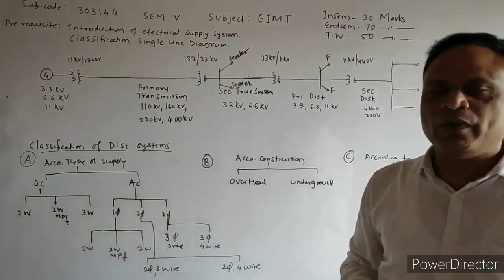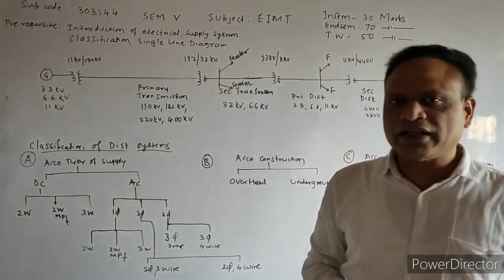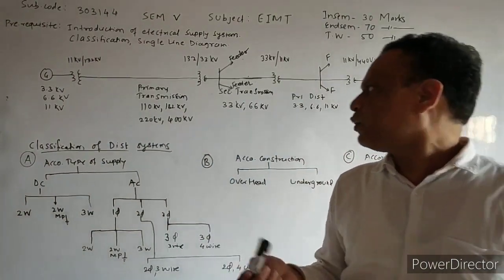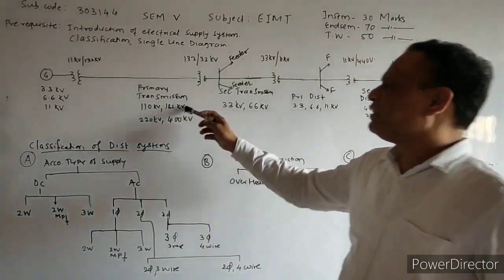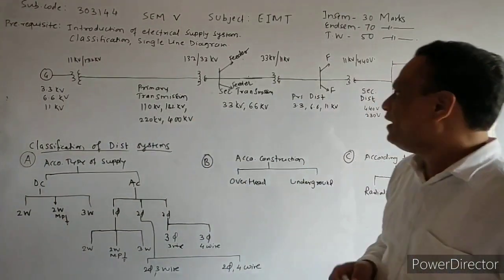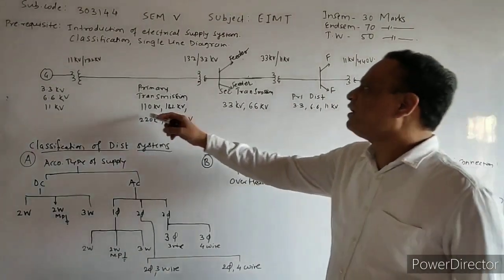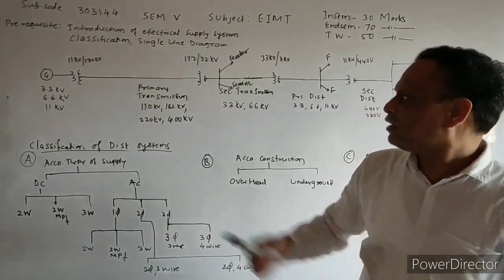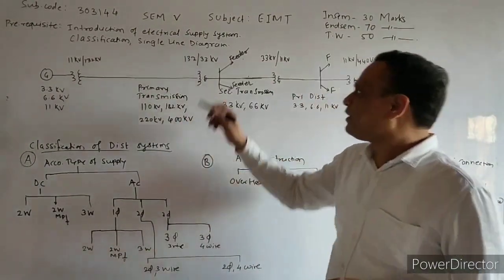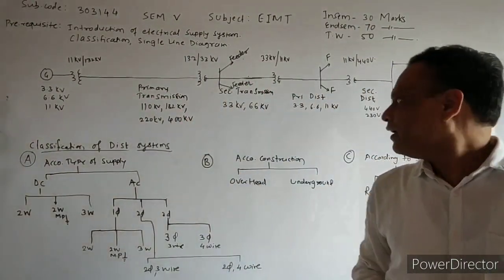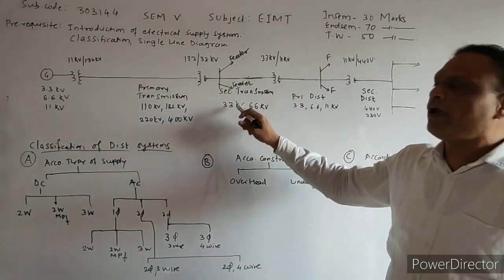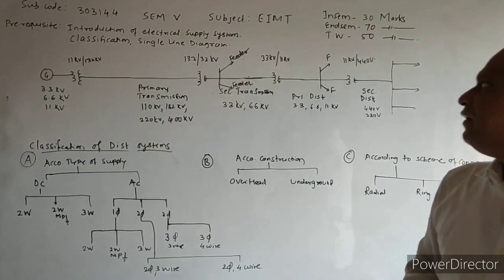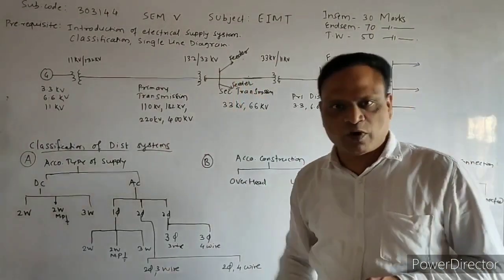So always remember, always keep it in the mind that primary transmission is of the range either 110 kV or 220 kV, or we can say 132 kV or 400 kV. So after transmitting to such high distance, it's a long distance, it is stepped down to either 33 kV or 66 kV, and it is a step down transformer.